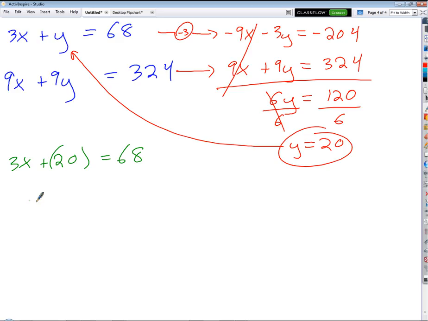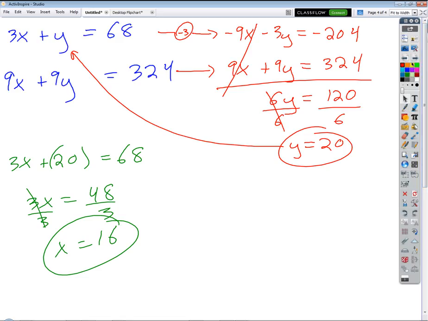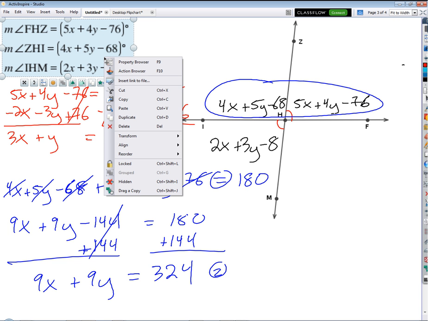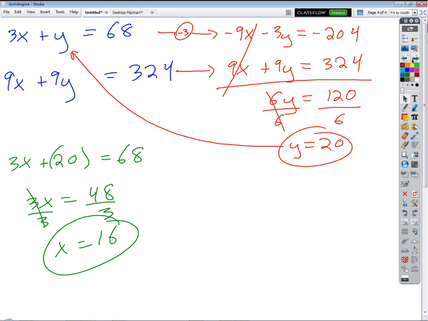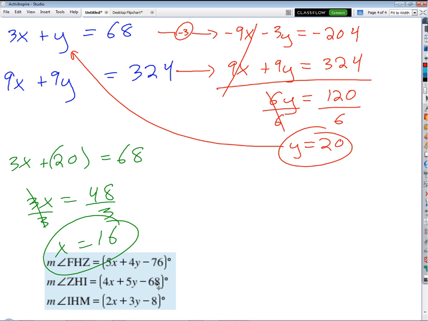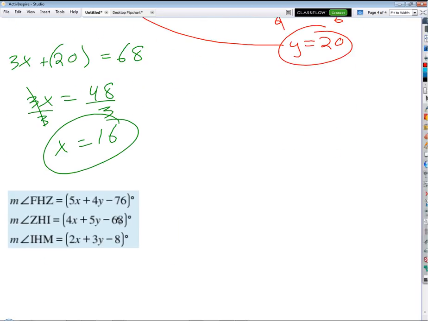So if we subtract 20, we get 3x equals 48. Divide by 3, and I get x equals 16, right? So I've got x equals 16, y equals 20. Now all I have to do is just go back and, yeah, plug it in, exactly. Right, so if I plug those in, I'd get my answers.